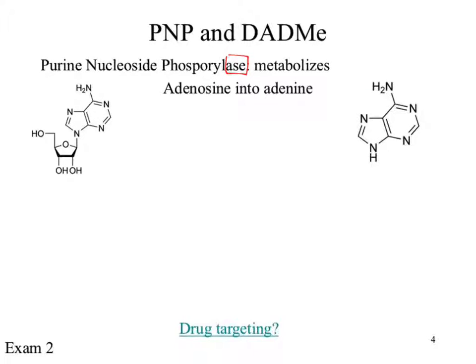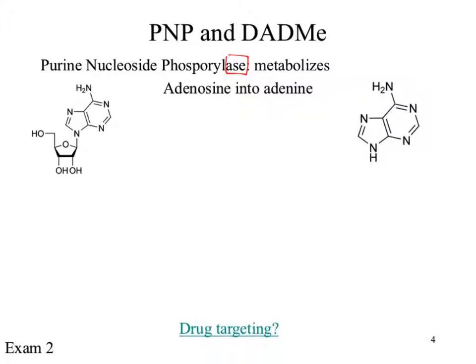Well, the phosphoryl gives us some information. The phosphoryl is saying it's acting on phosphate. Okay? So we are removing a phosphate. Okay? Are we removing a phosphate from just anything? What are we removing it from?